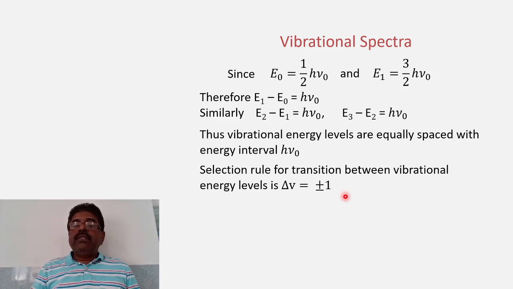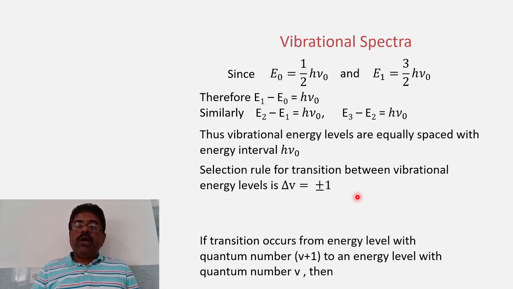So this selection rule is followed in the transitions, and whenever such a transition takes place, the energy difference, equal to h nu 0, is given out in the form of a photon, which constitutes the vibrational spectra of the particular molecule.